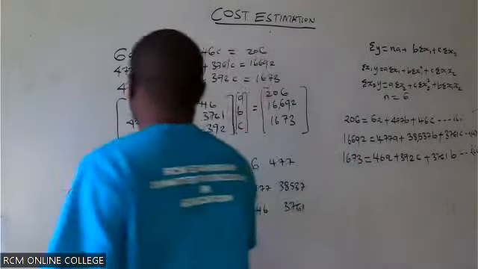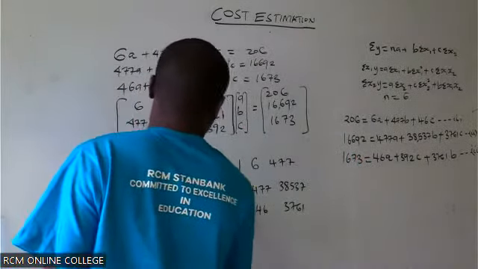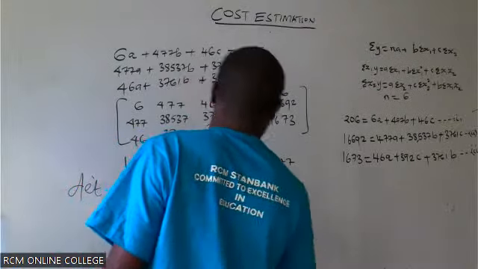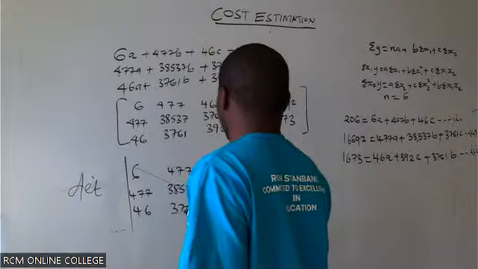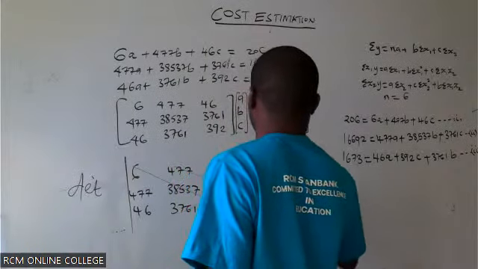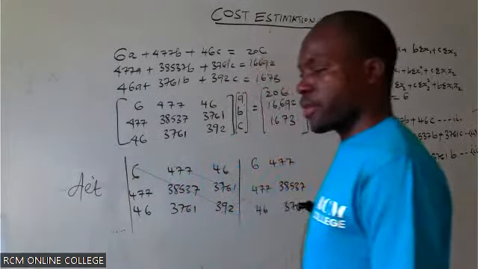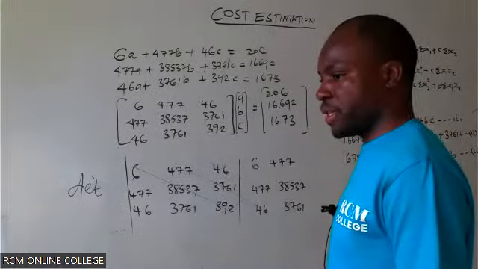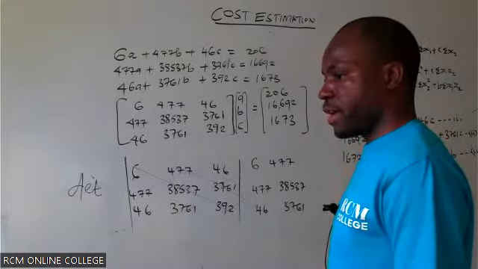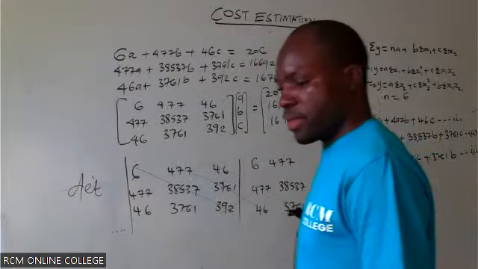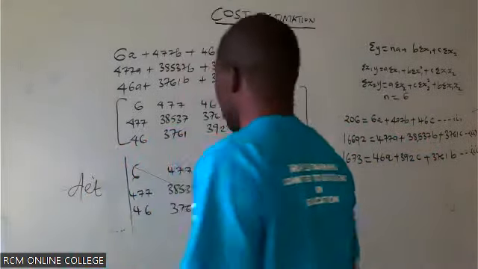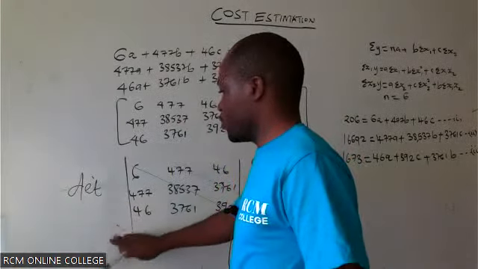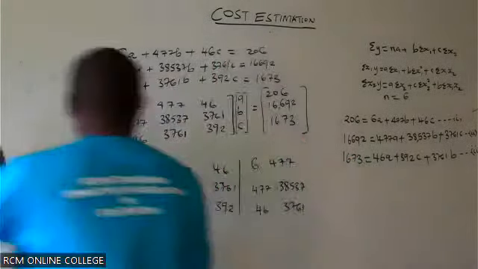Then remember the pattern: this one minus this one here, and then this one here. So I believe you can now remember the procedure. That's what you need to do to get the determinant.